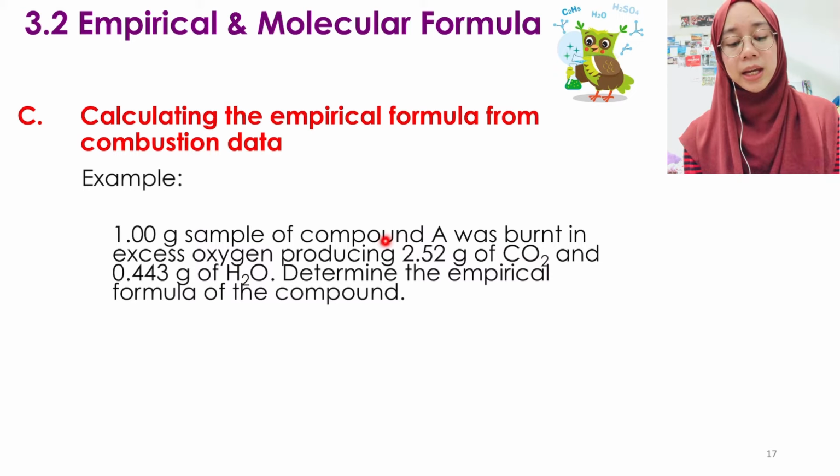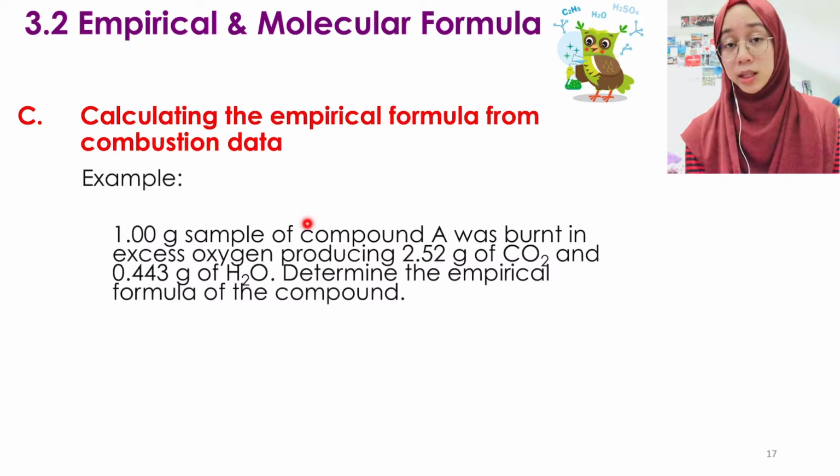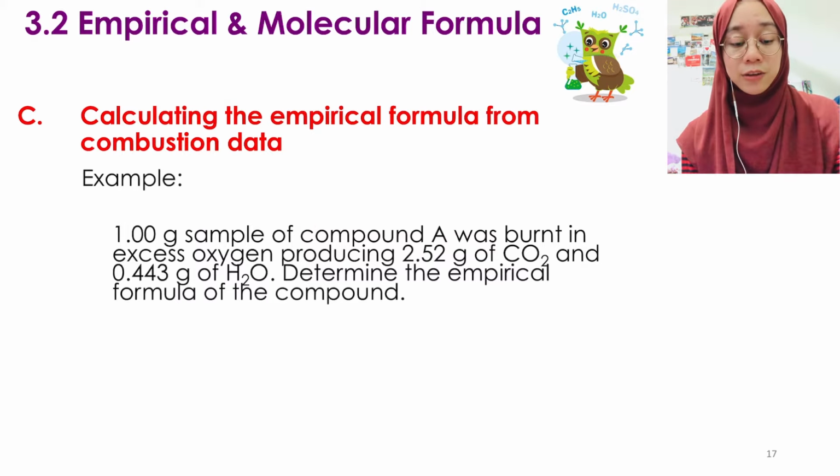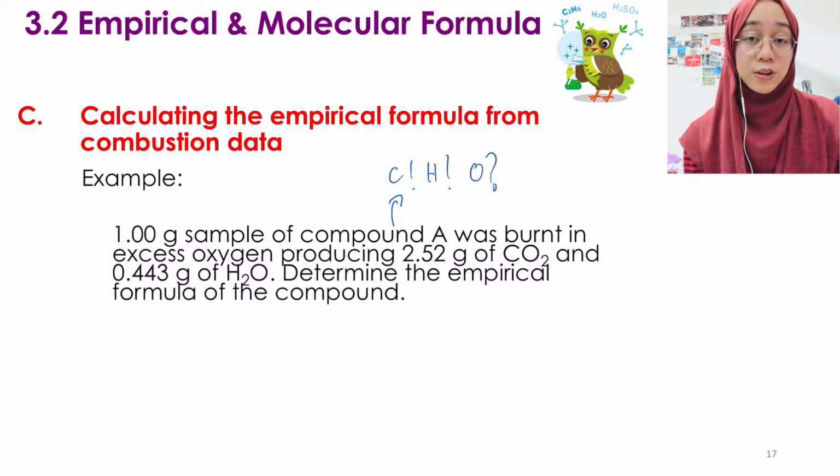Sebab compound A ni initially is being burned in excess oxygen. So oxygen yang dalam carbon dioxide and also water ni might actually come from this excess oxygen, tapi dia tak ada pun dalam compound A. Tapi ada je possibility dalam compound A ada oxygen. Okay, therefore dalam compound A ni carbon confirm, hydrogen confirm, but oxygen kita letak tanda soal dahulu.